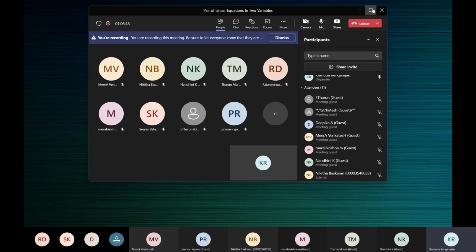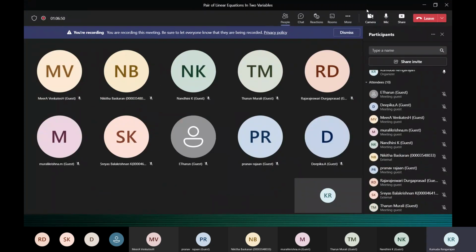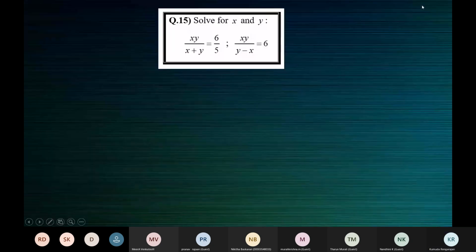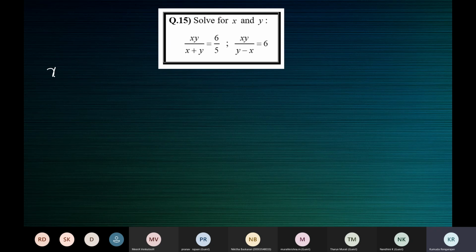All in class. So what do we do here? Children, let's handle the first equation first. Take reciprocals on both the sides and tell me what you get.